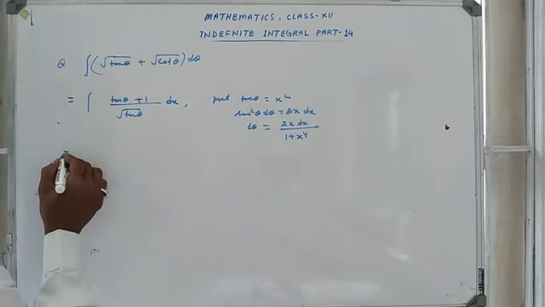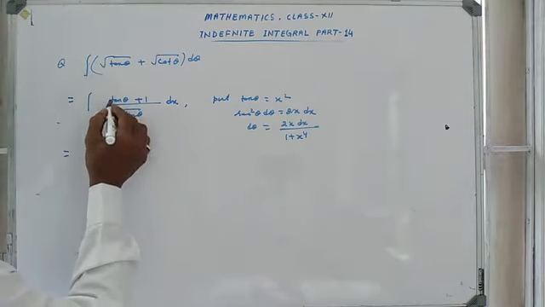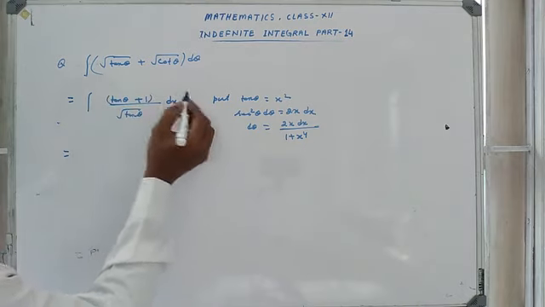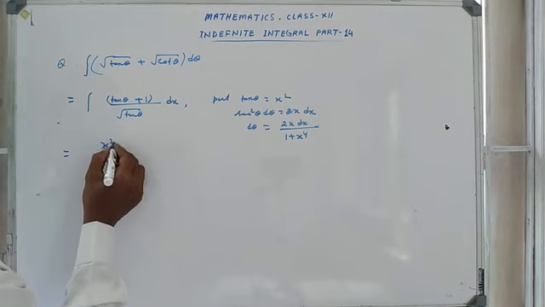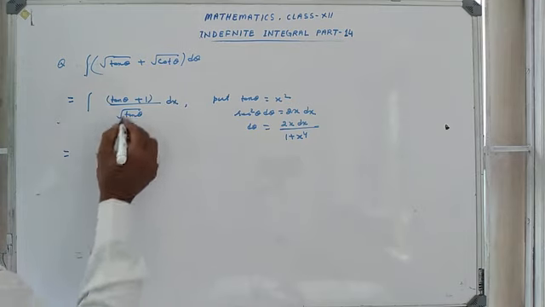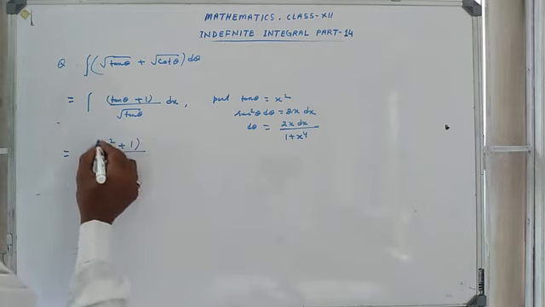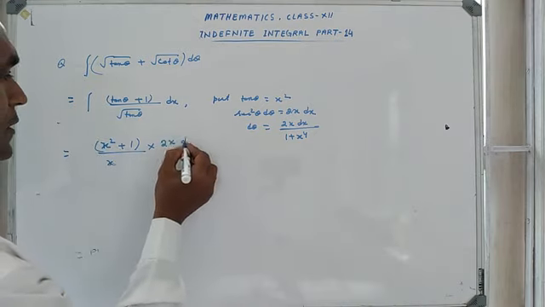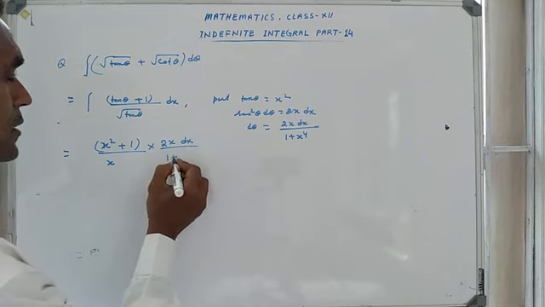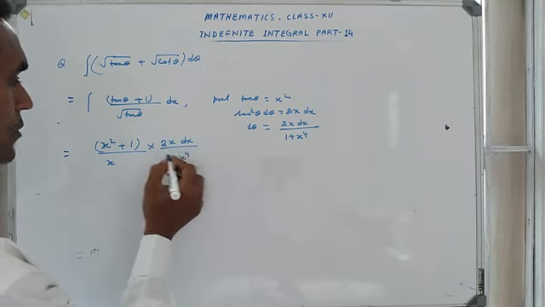So this function will become tan theta plus 1. So tan theta is x square, so x square plus 1 by this is x, and d theta is 2x dx by 1 plus x^4.